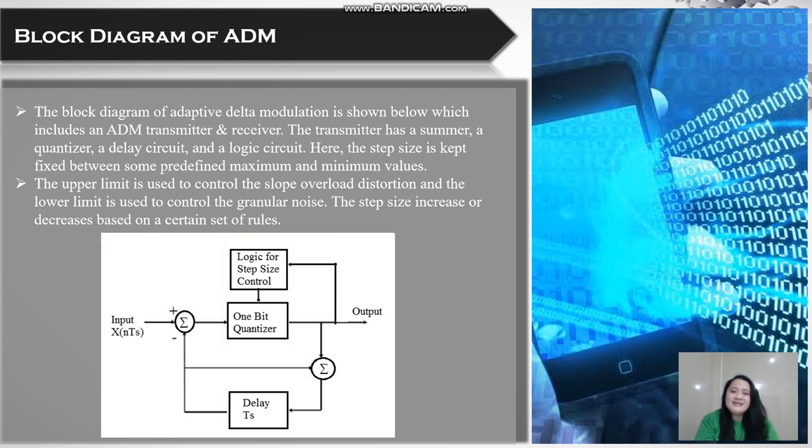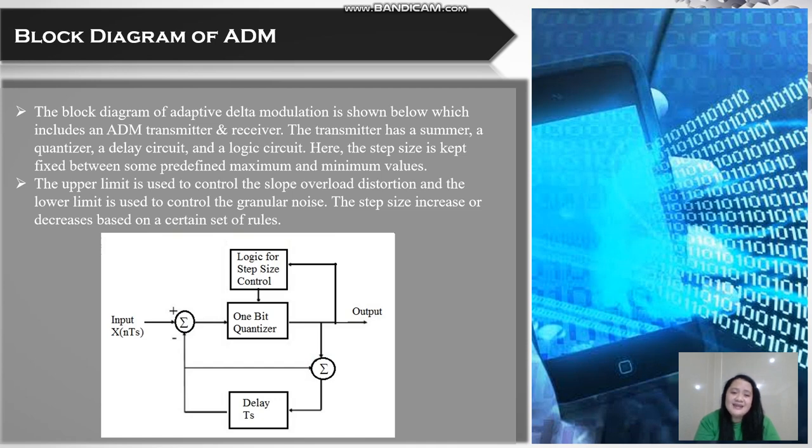The upper limit is used to control the slope overload distortion, and the lower limit is used to control the granular noise. The step size increases or decreases based on a certain set of rules. So first, the logic for step size control goes to the 1-bit quantizer.